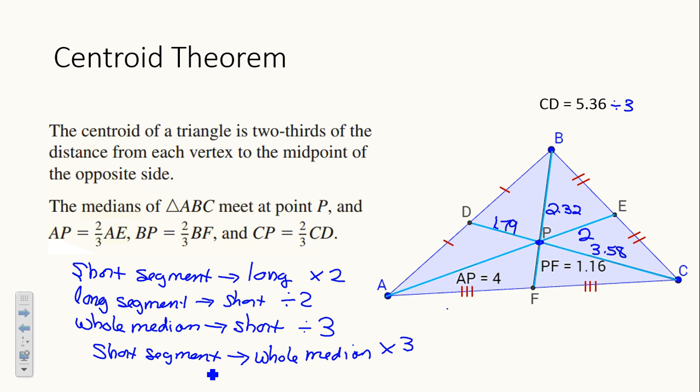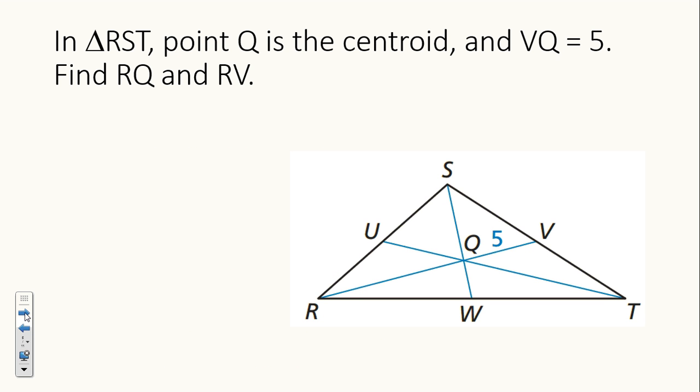I'm serious. The book assignment is going to have a problem like this. Triangle RST has a point Q. That's the centroid. And they tell us that QV is 5. They want us to find RQ, and they want us to find RV.